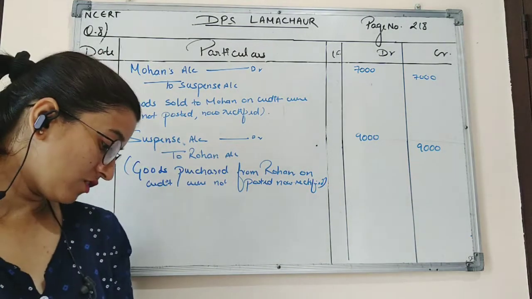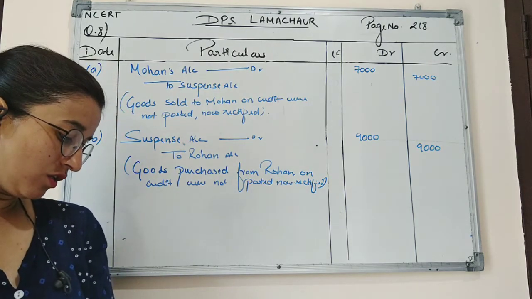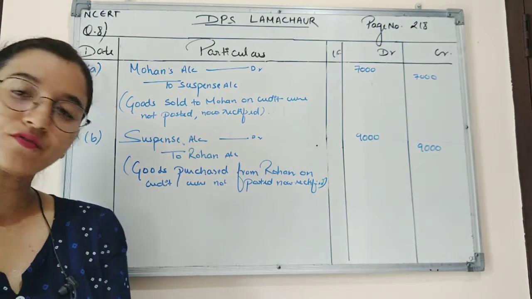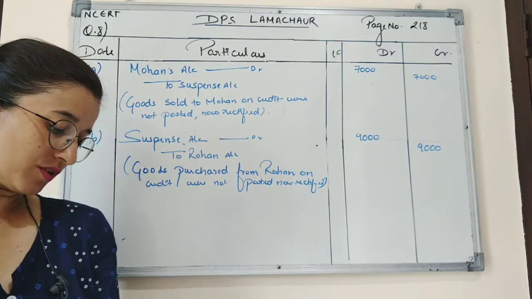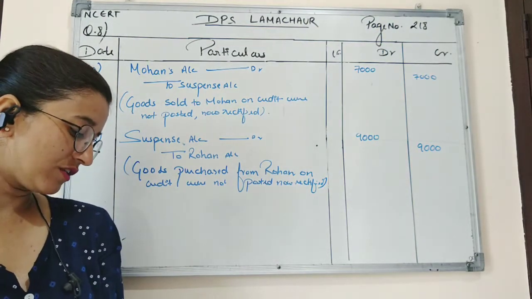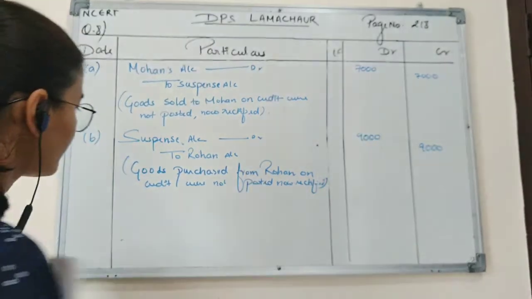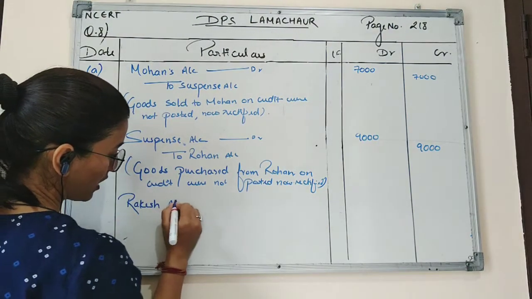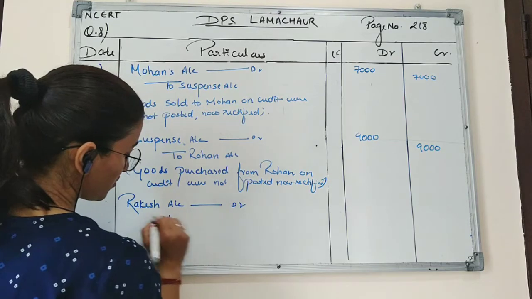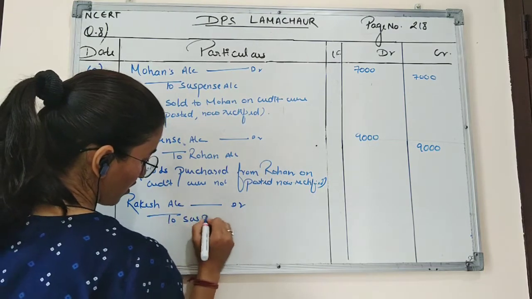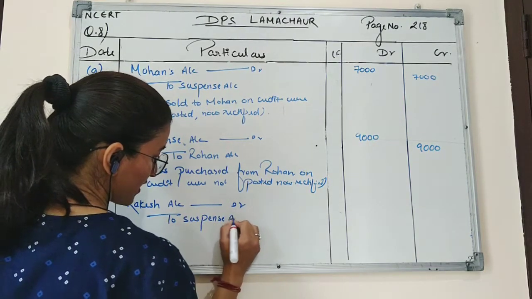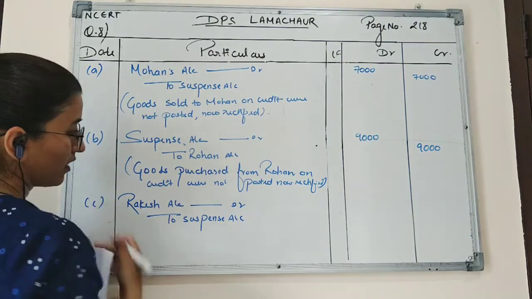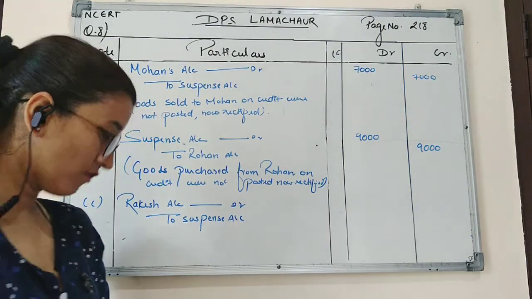So the third transaction is goods returned to Rakesh rupees 4,000 were not posted. So the journal entry for this transaction will be Rakesh account debit to suspense account. Amount is 4,000.